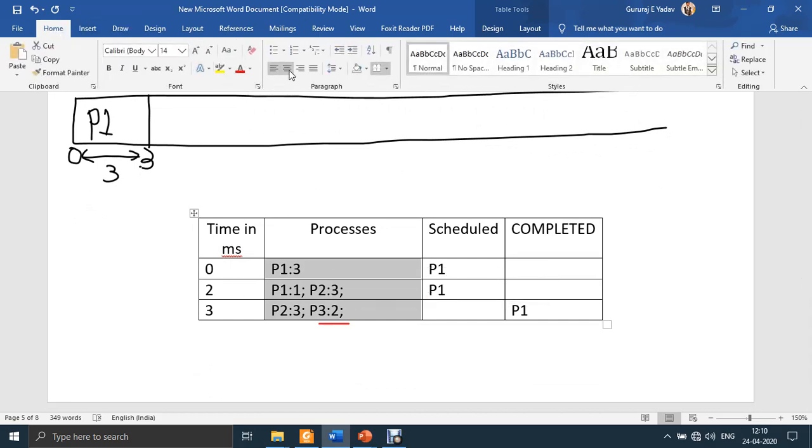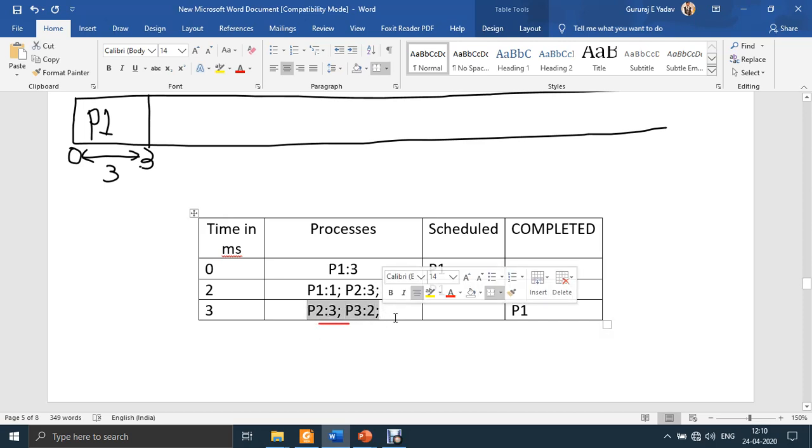So hope it is clear. This is how you write down the processes which are ready to execute. Out of P2 and P3, according to the preemptive SJF, we have to give the chance to whichever process has the least remaining estimated completion time.